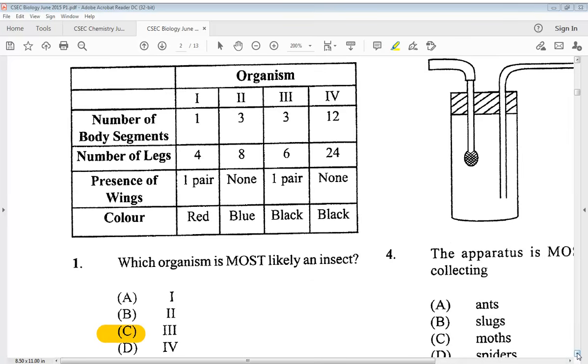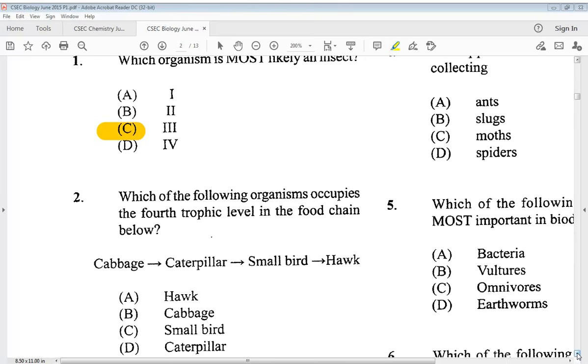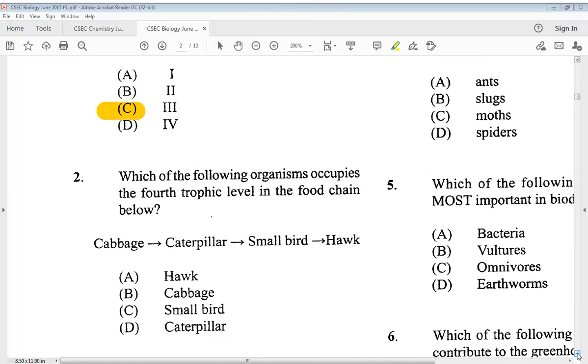Let's go on to number 2. Which of the following organisms occupies the fourth trophic level in the food chain below? Cabbage, caterpillar, small bird, then auk. Is it A, auk, B, cabbage, C, small bird, or D, caterpillar? We know it is A, auk.